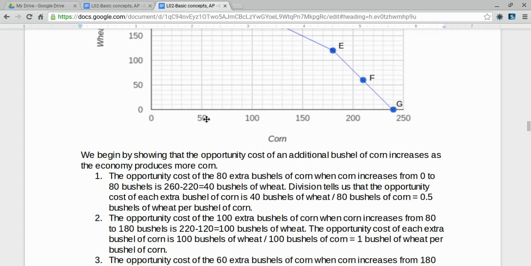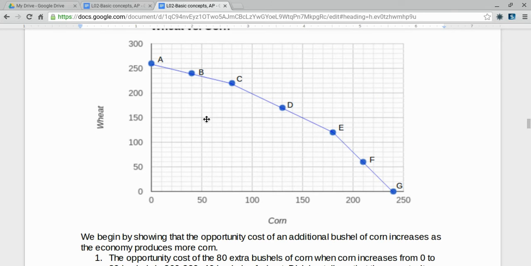Now what happens as we go from producing 80 bushels of corn to 180 bushels of corn? We're going to get another 100 bushels of corn, but to get that 100 bushels of corn, wheat has got to go down from 220 down to 120. So to get this extra 100 bushels of corn, we've got to give up 100 bushels of wheat.